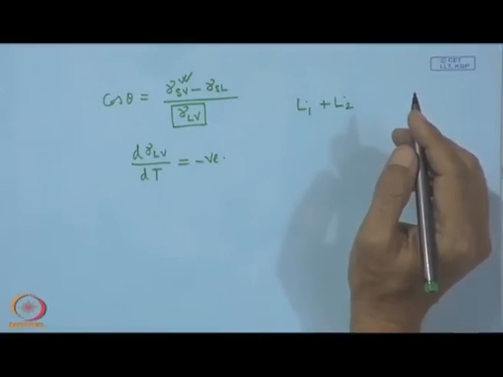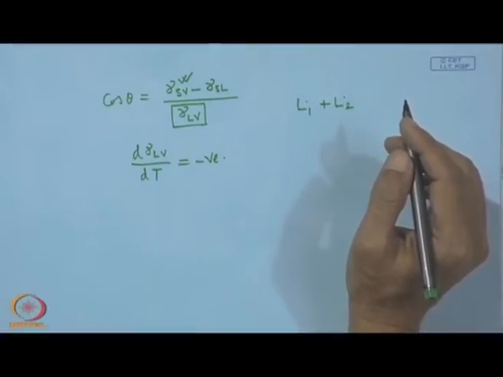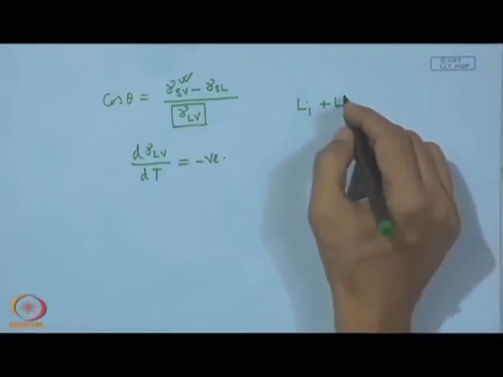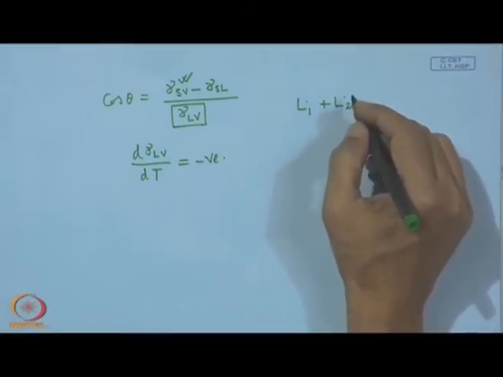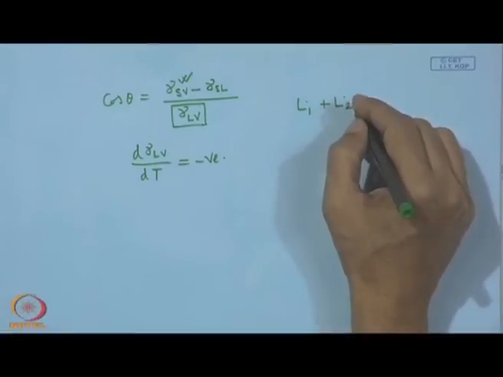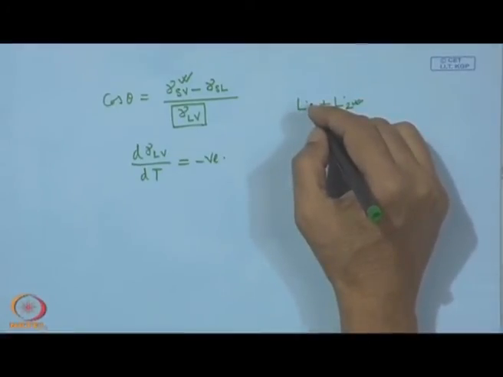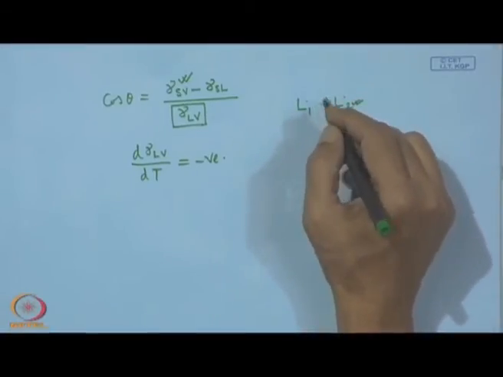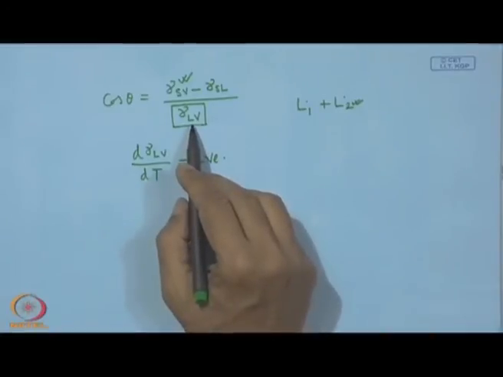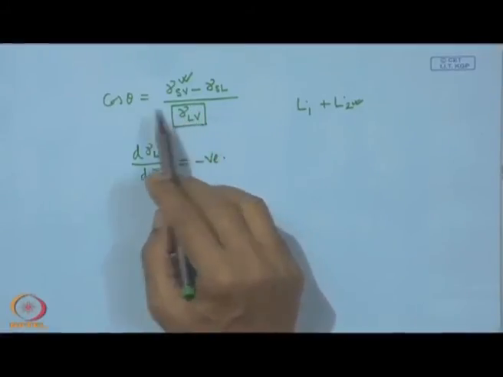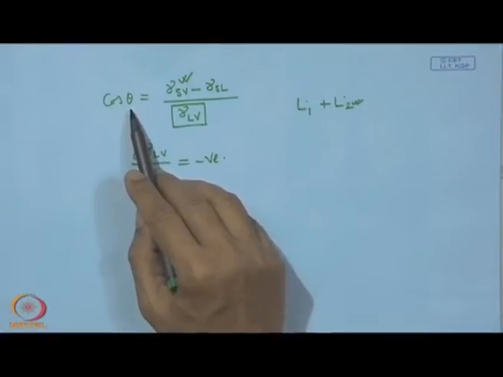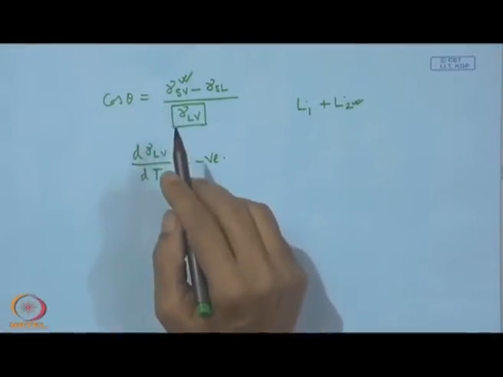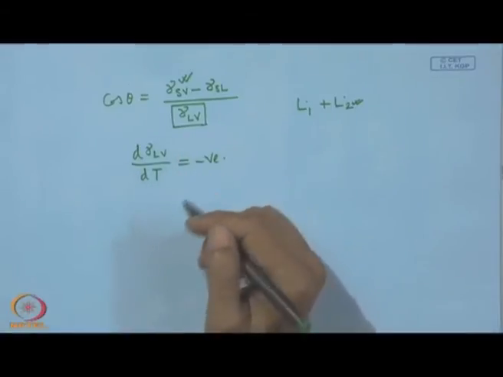In that case there is a resultant effect, and this particular liquid can reduce the surface tension of the original liquid, that is, reduce the value of gamma LV. So, we can also get a favorable value of cos theta, that means a higher value of cos theta means a low value of theta.